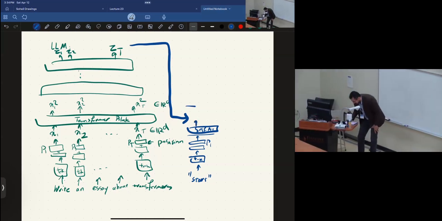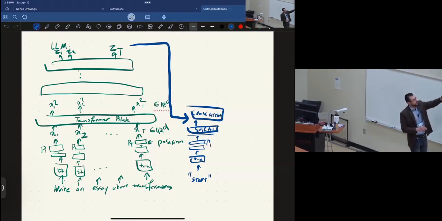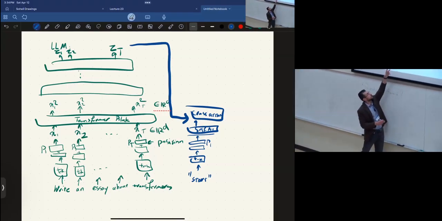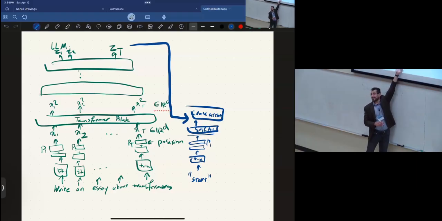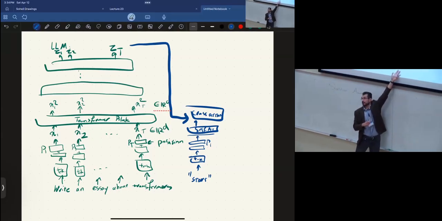Then it comes in and says, now I have cross-attention. So now it says I need to start an essay. The attention is going to go over all those Z's, and it's going to be start an essay. It's going to pay attention to essay. And then essay about what? Pay attention to the transformer, right?